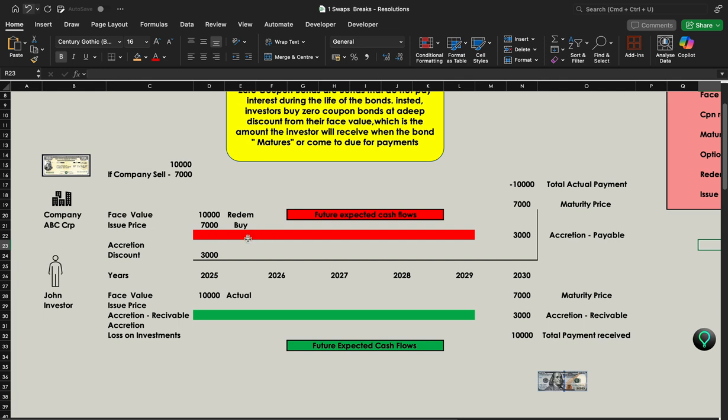Every year the company may book the discount or OID as an expense. OID stands for original issue discount. So for a company, it's a discount, and the company will book the expense. Every year the company will book 600, dividing by 5, in the books of the company as a liability.